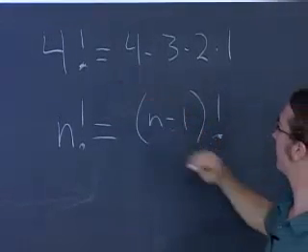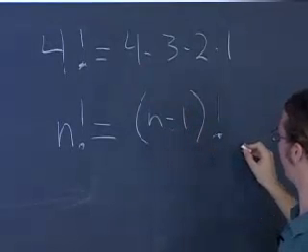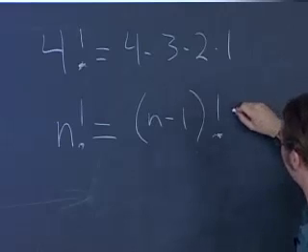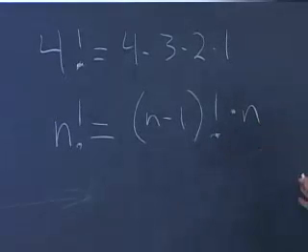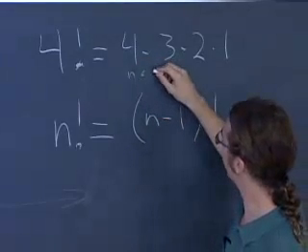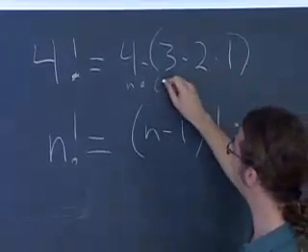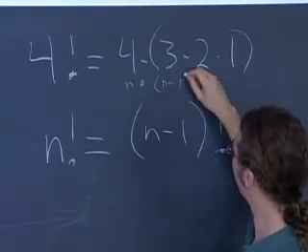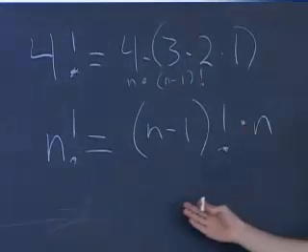So 4 factorial is n times this whole thing, 3 factorial. It's n times n minus 1 factorial. So this is a recursive definition.